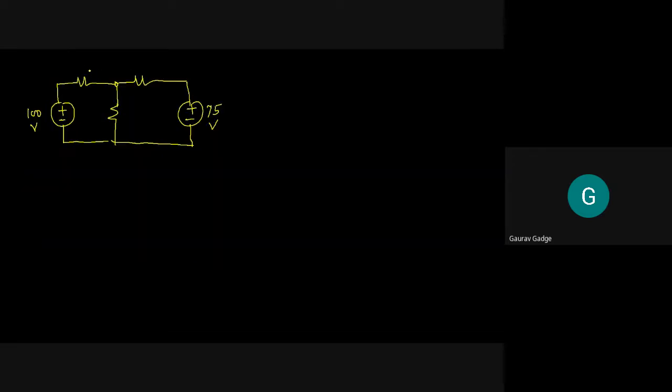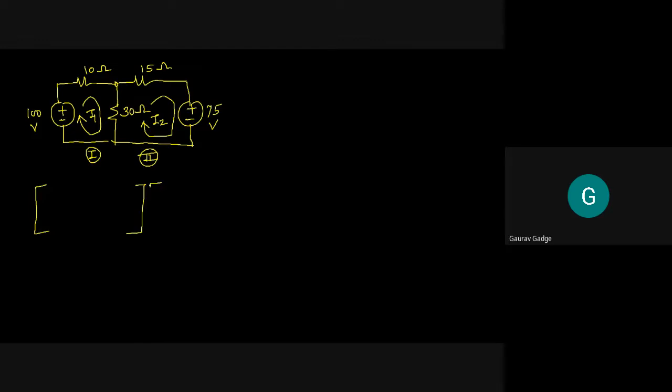It is 10, 15, 30. 10, 15, 30. As we know, there are 2 loops present in the given DC circuit, with the loop current orientation clockwise, I1 and I2 both flowing clockwise. The matrix can easily be formed.